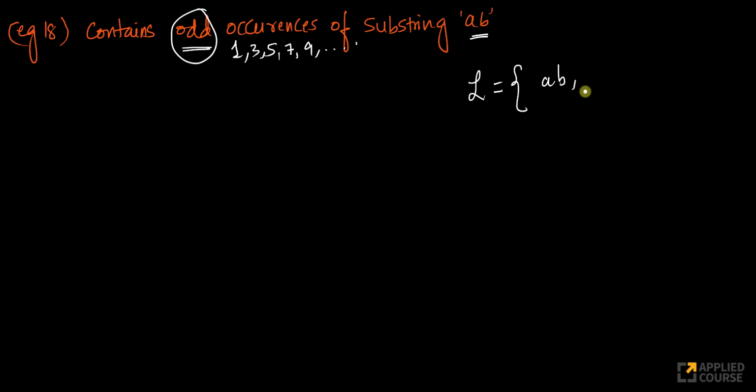So AB will be here, AAB will be here, very good. BAB also will be there, because you have 1 occurrence of AB in all these 3 cases. Now, for example, something like AB, AB, AB will also be there because you have 3 occurrences of AB. Okay, these are some examples.